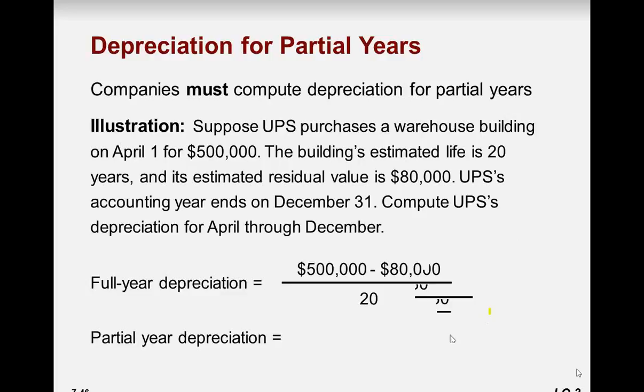So the original life was 10 years, and then they decided it should be 15 years. They were in year 7. In year 8, then they decided, so how many years do they have left, and how much depreciation do they need to record?